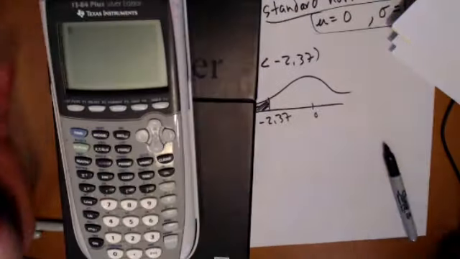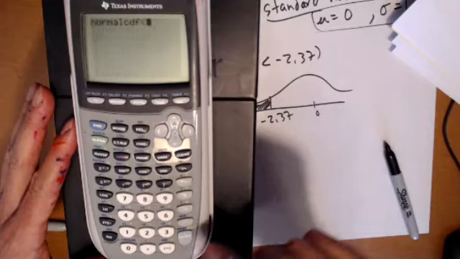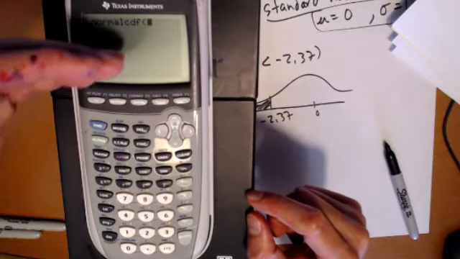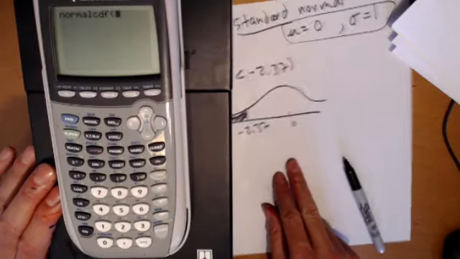So let's try it out over here. It's going to be the distribution, normal CDF. Some of you have fancy calculators where it asks for all 4 explicitly. That's nice. My calculator, not so cool.